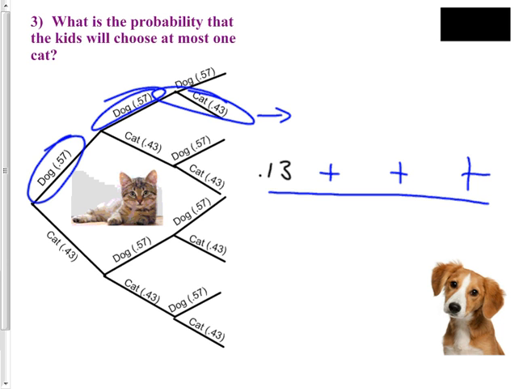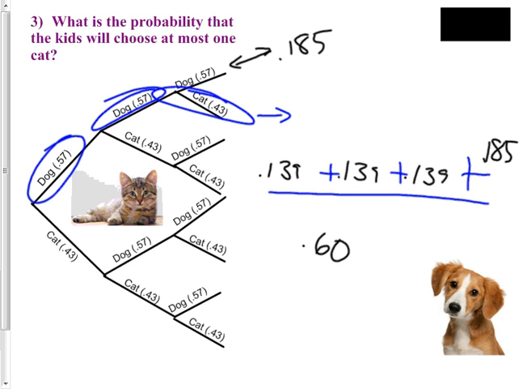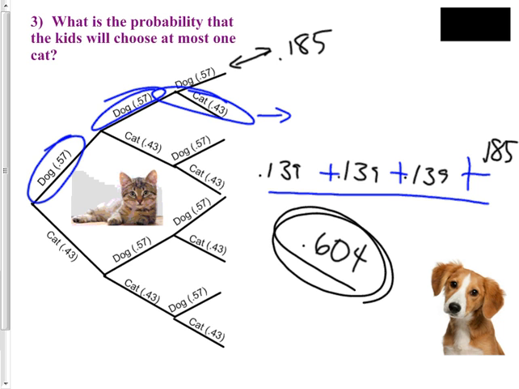So we had 0.139, 0.139, 0.139, and the last one is dog, dog, dog, which we have to add in now. 0.185, and so that makes a grand total of over 50% now. What actually does it come out to? Can anybody verify that? 0.6042 or something like that? Okay. So about a 60% chance that that would happen.